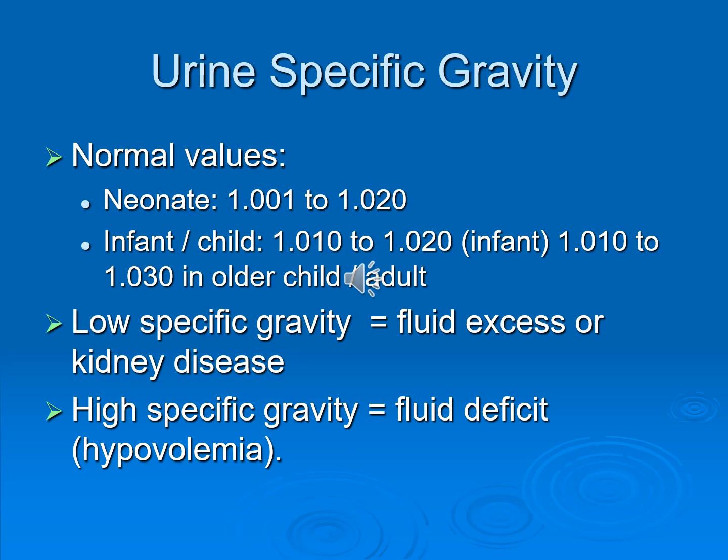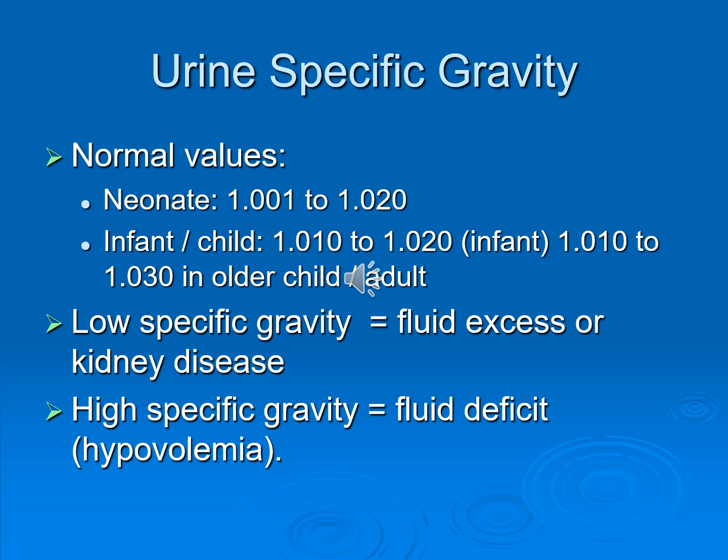Looking at urine specific gravity, the normal value for the neonate is 1.001 to 1.02. In an infant it will be 1.010 to 1.020, and in an older child or an adult, 1.010 to 1.030.